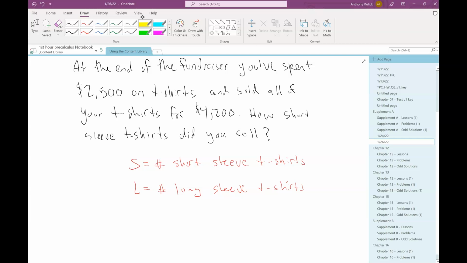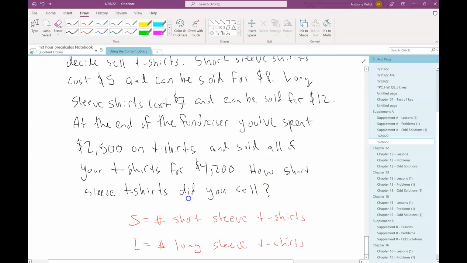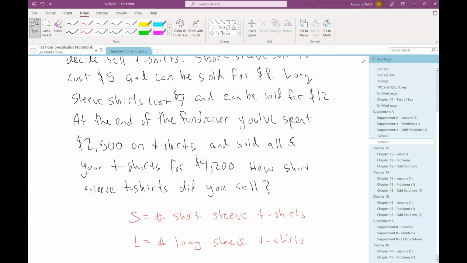So let's look at the other pieces of information that we're given here. We know how much it cost for a shirt of each type and how much we sold a shirt of each type for. And then we know how much we spent in total and how much we sold the shirts for in total.